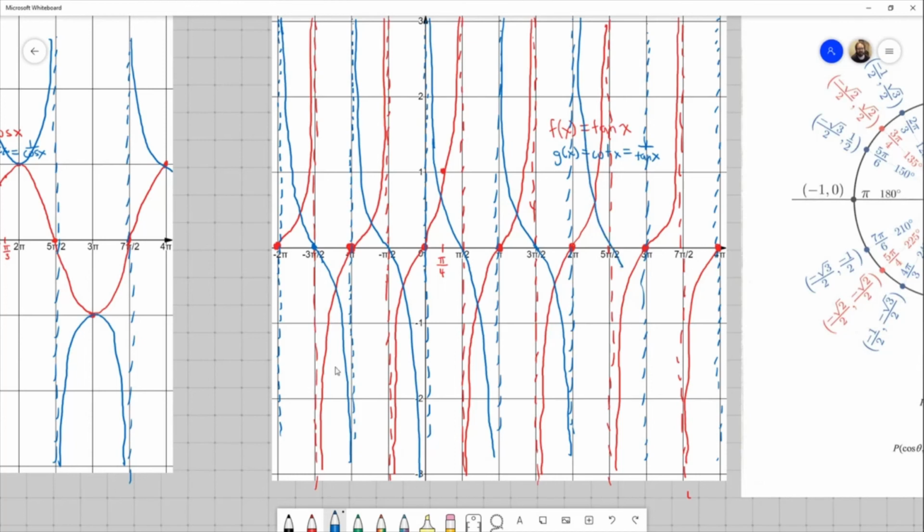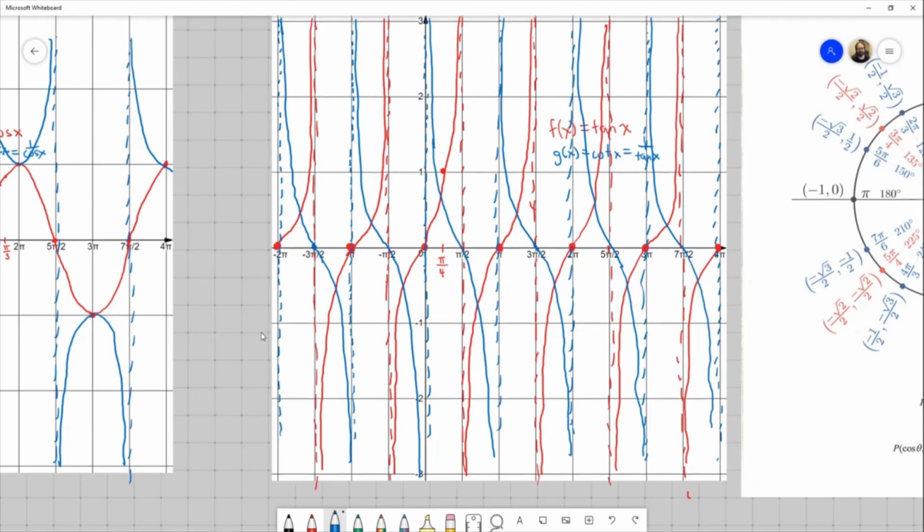Now this one got a little bit busier than when we're able to think about the graphs of cosecant and sine in the same spot, or the graphs of secant and cosine in the same spot. Thinking about the graphs of tangent and cotangent in the same spot, it gets a little bit busy.